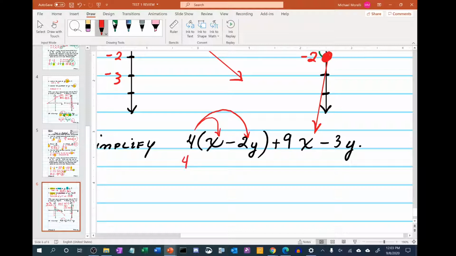4 times x plus 4 times negative 2y plus 9x plus negative 3y.